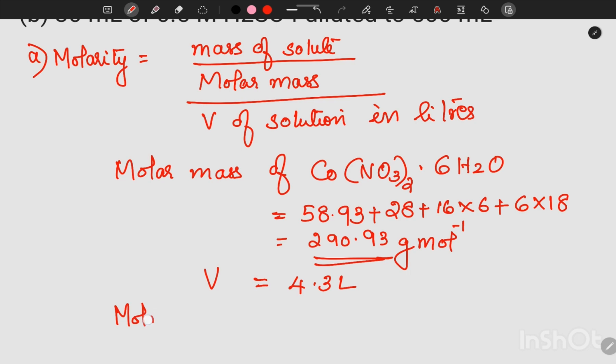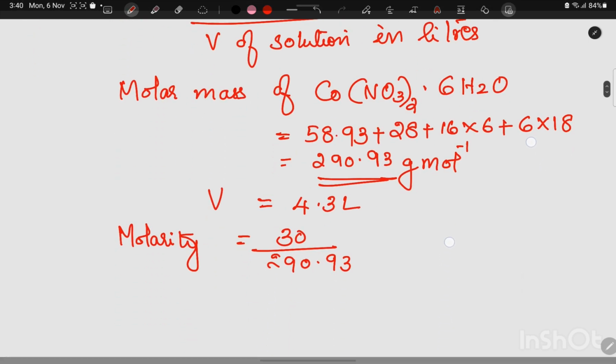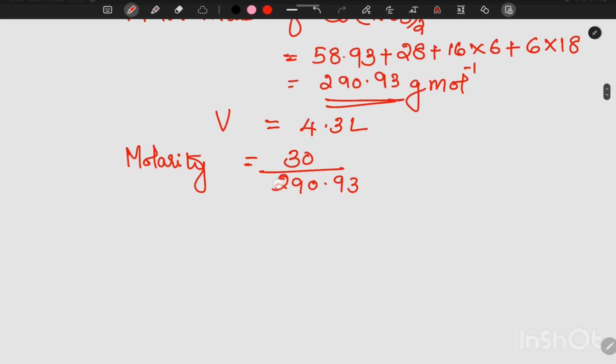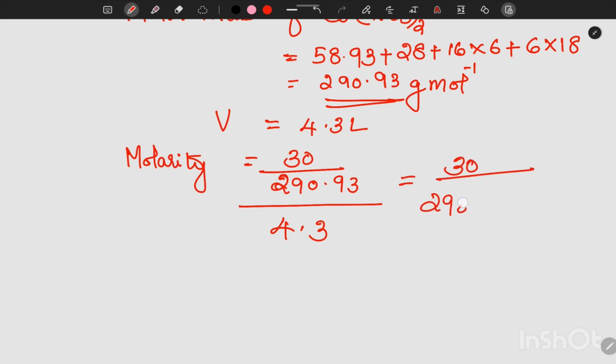So let us calculate molarity. Molarity is equal to 30 divided by 290.93 divided by volume of solution in liters. So 30 divided by 290.93 into 4.3.